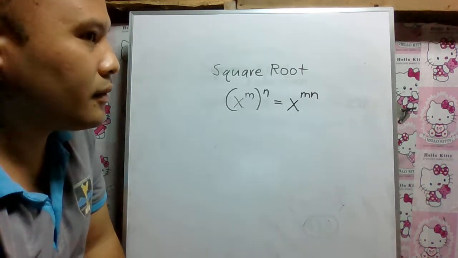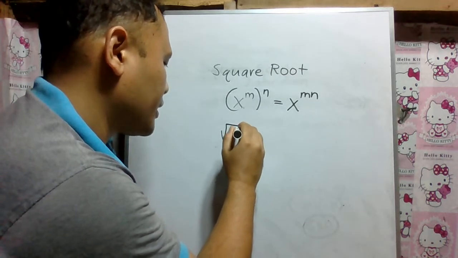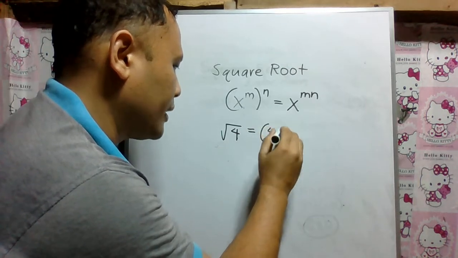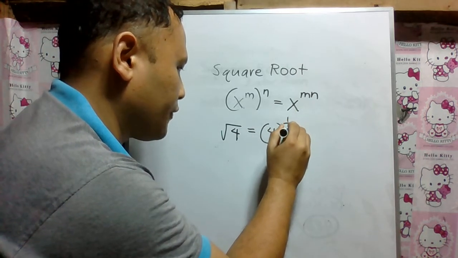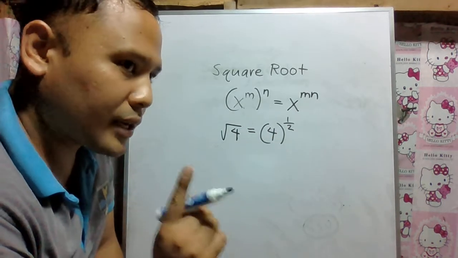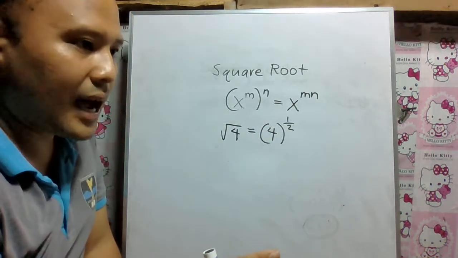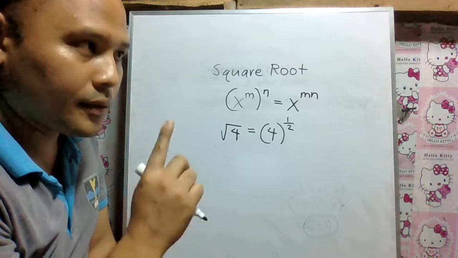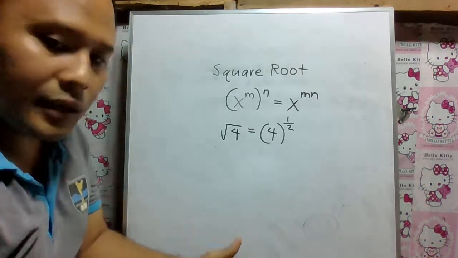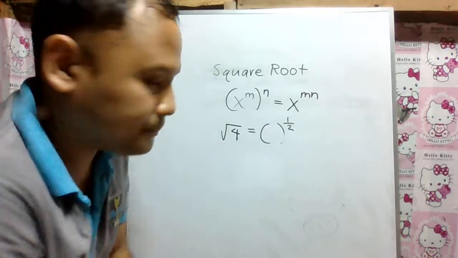For example, the square root of 4, di ba? Square root of 4. That also means getting the 1/2 power of this number. Okay? And actually, friends, 4 can be expressed as 2 squared because 2 times 2 equals to 4. So we can replace this one by 2 squared.